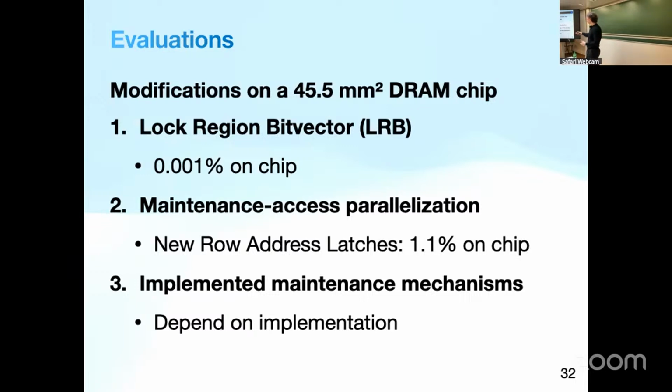This essentially allows us to perform the maintenance accesses in parallel or concurrently with any rejected memory accesses. And then we would have obviously the maintenance mechanisms that are implemented, and these would wildly vary depending on whoever implemented them.